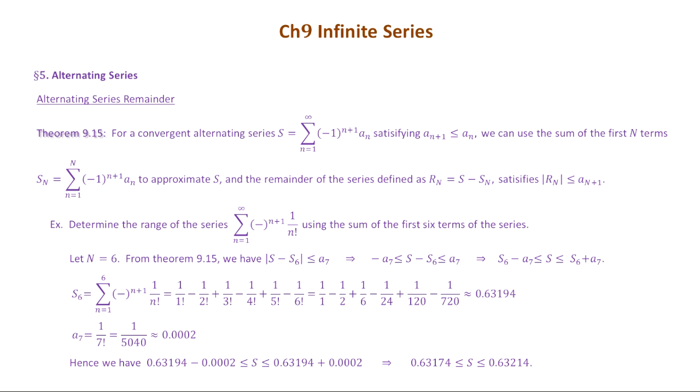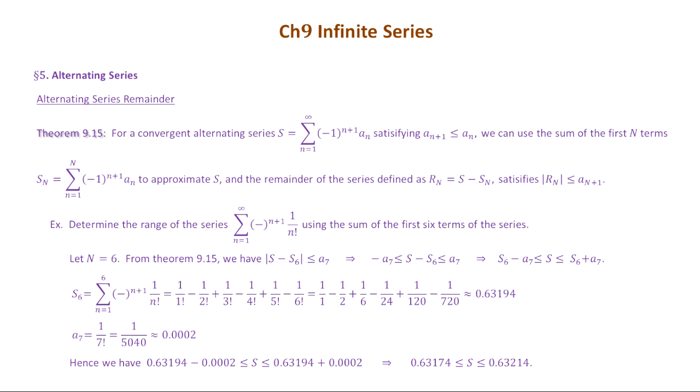So S, remember, is the sum of the infinite series, the precise value of this infinite sum. We cannot get the accurate, precise value for this S, but we can have a pretty good estimation of this sum. It will be between 0.63174 and 0.63214.